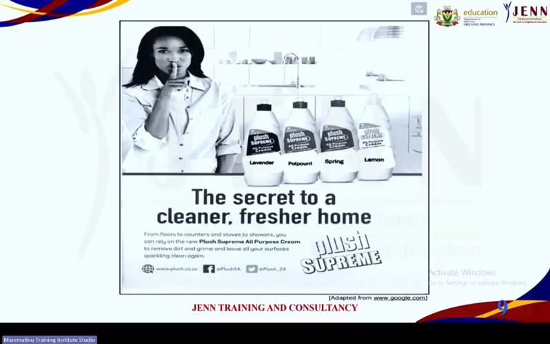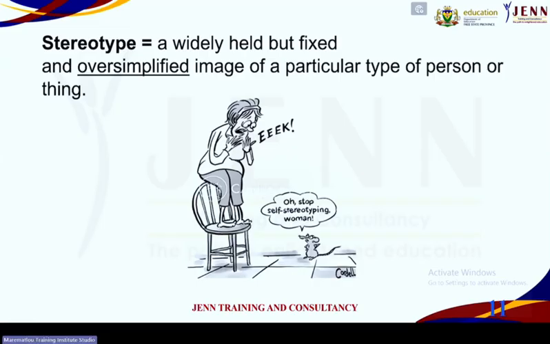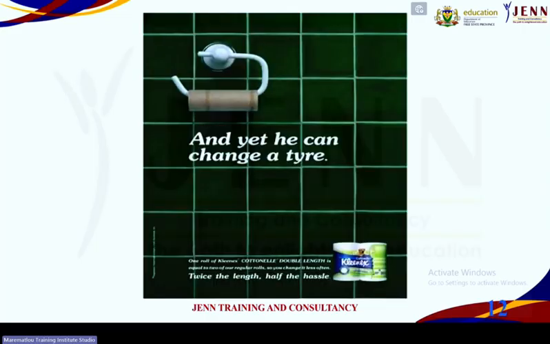So the next part, we talked about stereotypes. Now, there are many stereotypes that exist. We have gender stereotypes. We have the gender stereotype here on the screen again, and the gender stereotype here again for men.